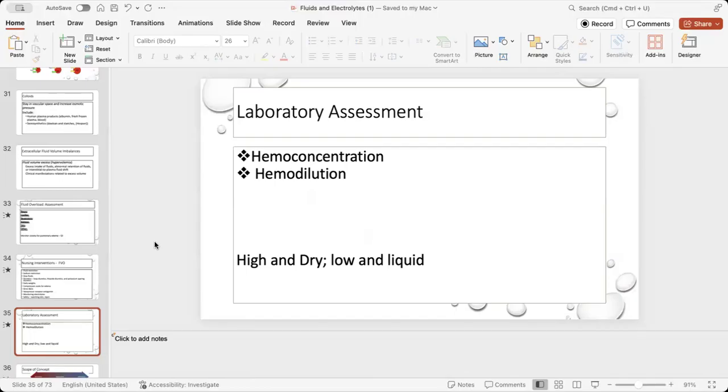So hemodilution can happen with fluid overload. Hemoconcentration can happen with dehydration. Does that make sense? Wrap your brain around that one. When I'm dehydrated, I've lost fluids, but those electrolyte particles are still going to be in my plasma.